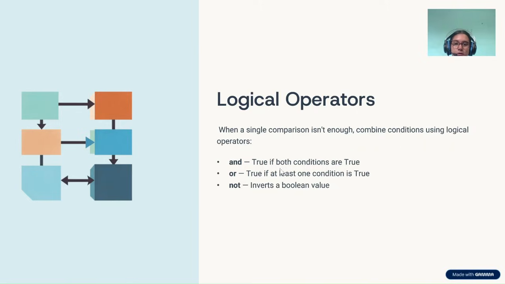That's how it works. OR is true if at least one condition is true, right? In the previous example, it would be like the student can enter if they have their ID card or if they have paid their examination fees.